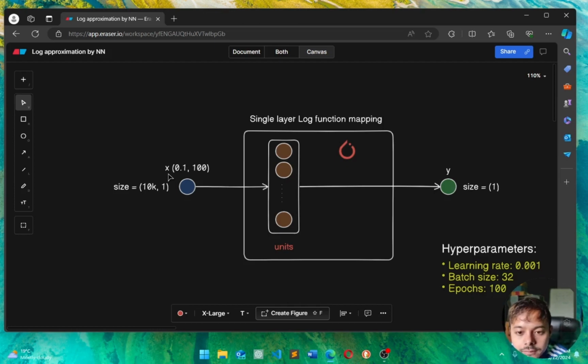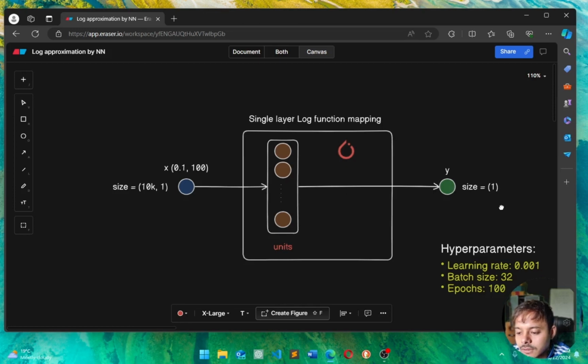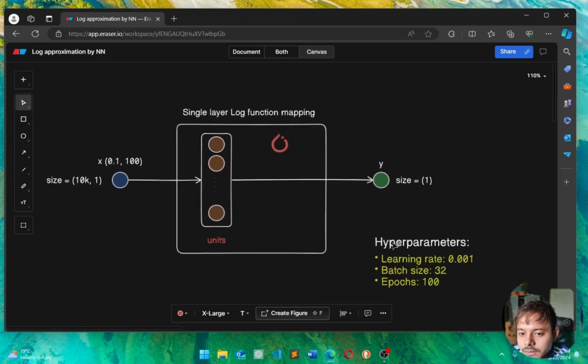So for the input of the log function, I have chosen the range 0.1 to 100 with a sample size of 10,000. This goes to a single hidden layer network and outputs a single value of size 1. I am fixing these hyperparameters: learning rate 0.001, batch size 32, and epochs 100.